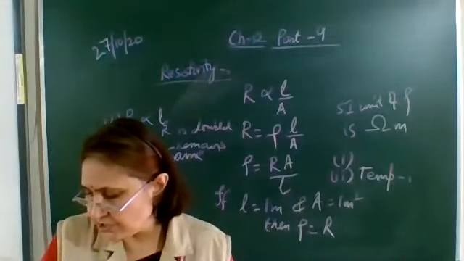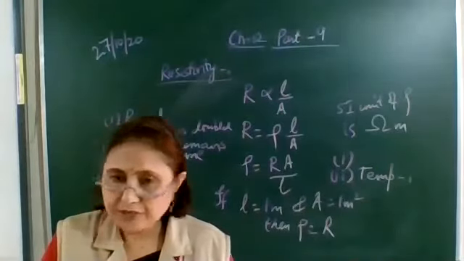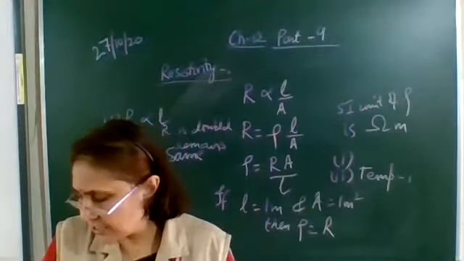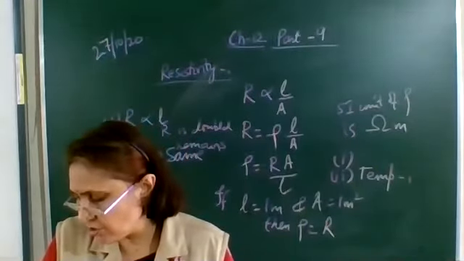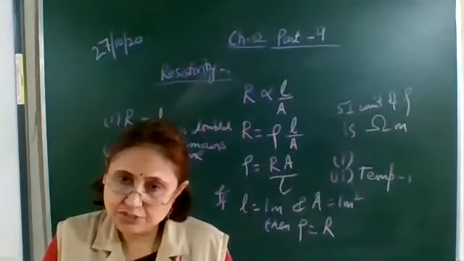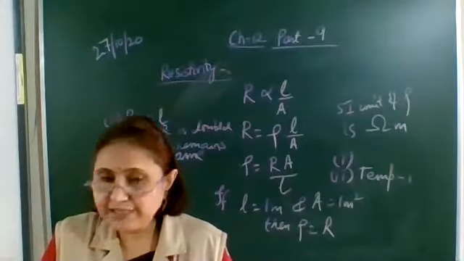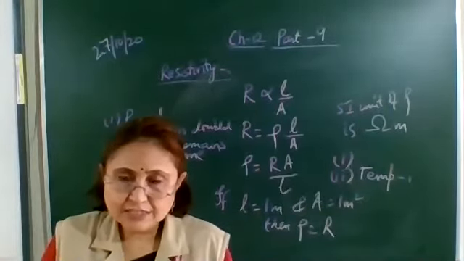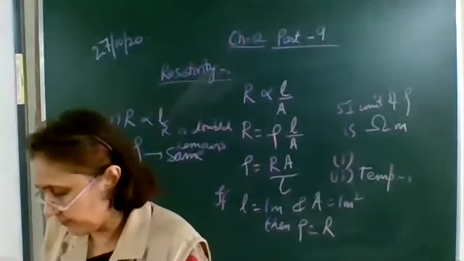So tungsten is used as the filament for electric bulbs, and for the transmission lines or connecting wires, which material is used? Copper and aluminum are used because their resistance is very low. So that is why they are used as electrical transmission lines or as connecting wires.